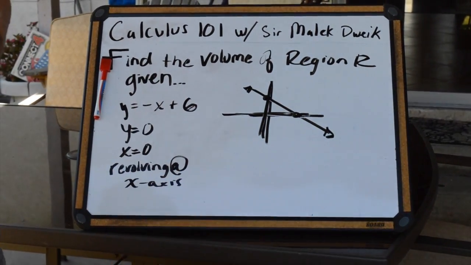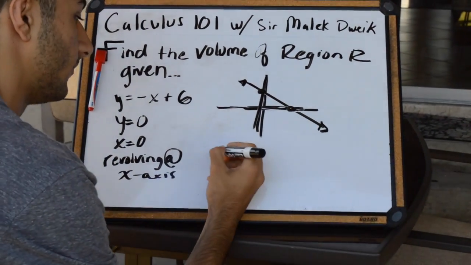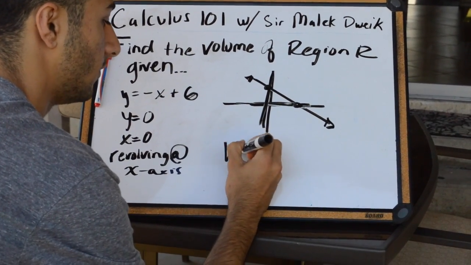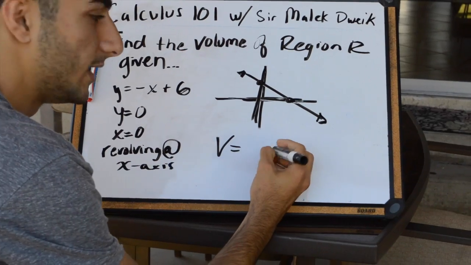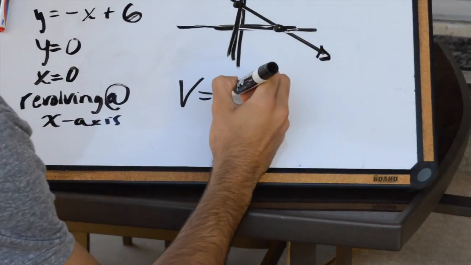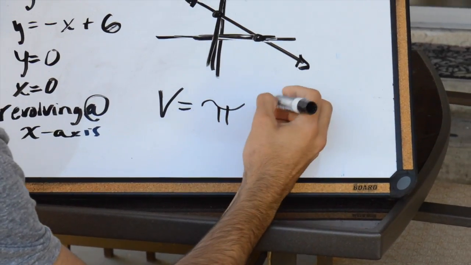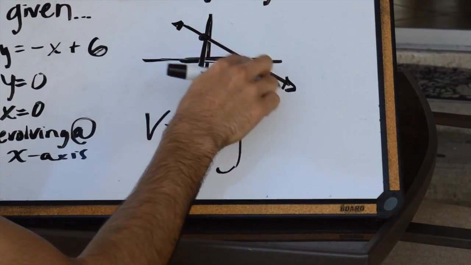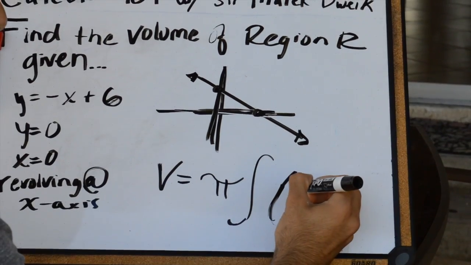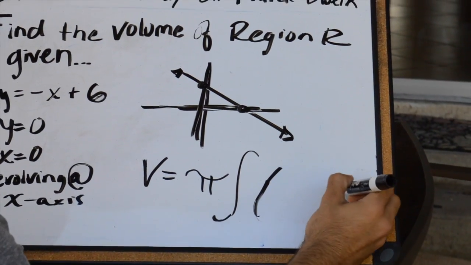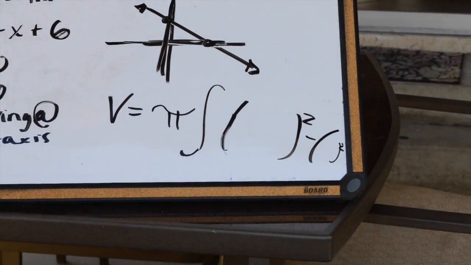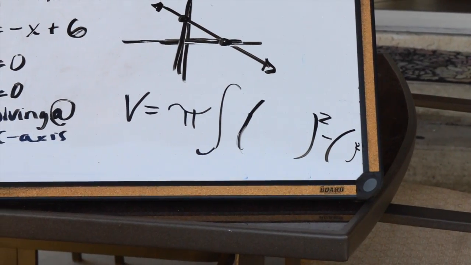What we're going to do is set up our formula. The volume will equal pi times the integral of those endpoints, squared. Now it's a little hard to read, and I'll move it up in a second, but you can see the gist of what's going on.